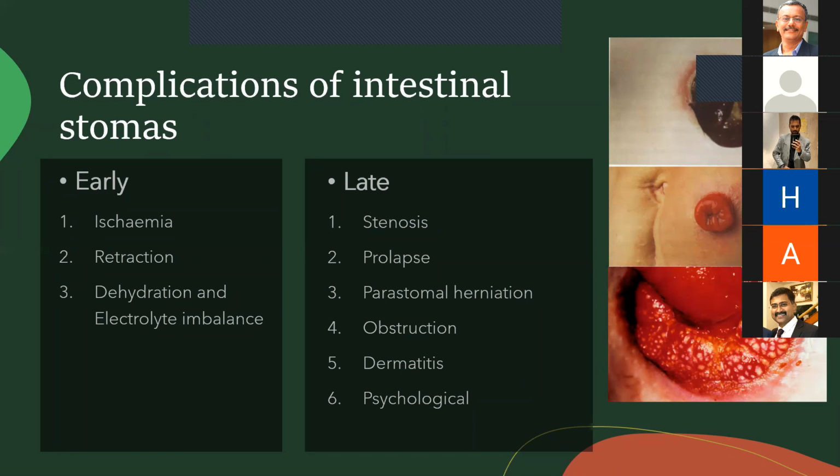As I told, the common complication associated with an ileostomy specifically is the peristomal dermatitis. This can be because of many reasons. Primarily, if the stoma is not constructed in a proper way. Secondly, if the stoma device is not attached properly, snugly around the stoma. In those cases, because of the nature of ileostomy output, it can cause chemical dermatitis. It can be prevented by using a proper size stoma and pouch system.